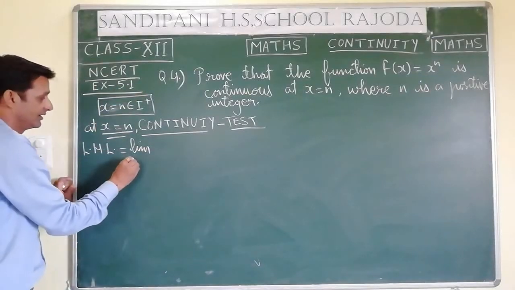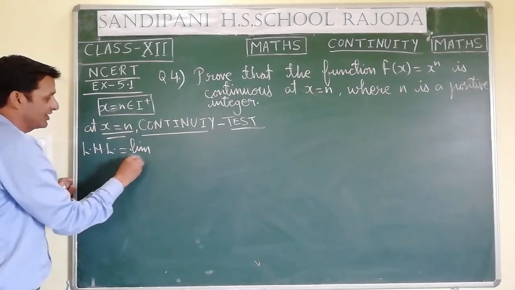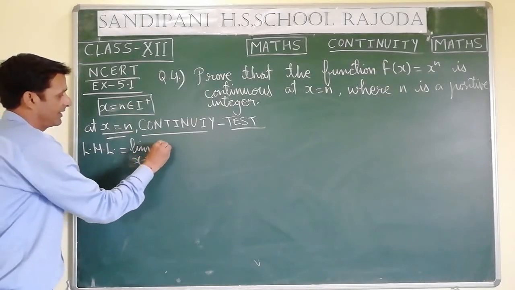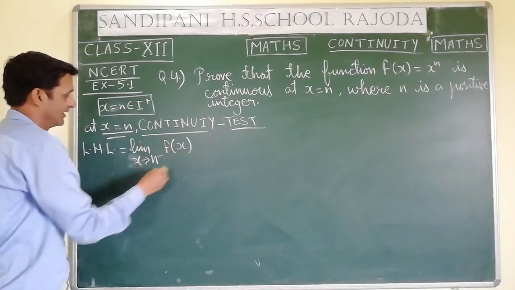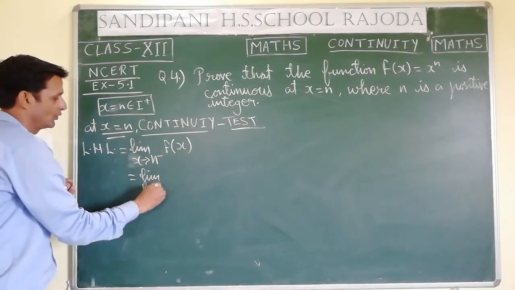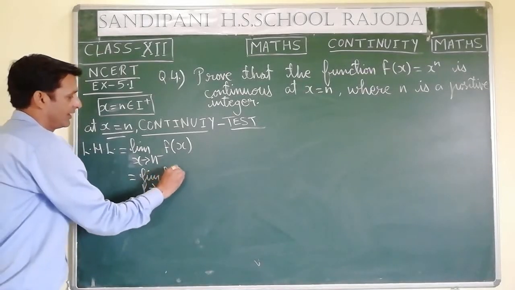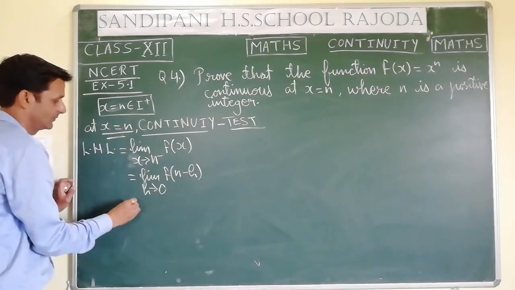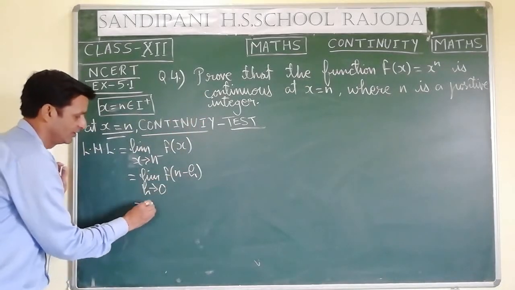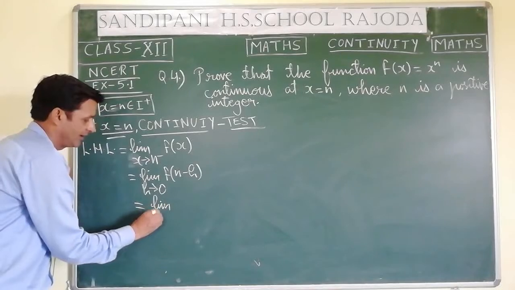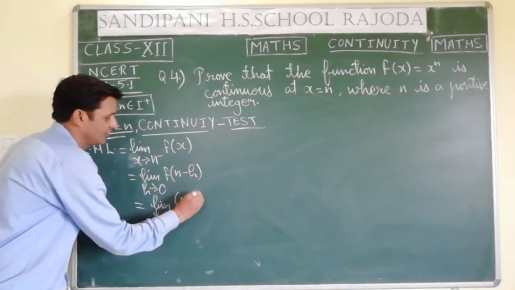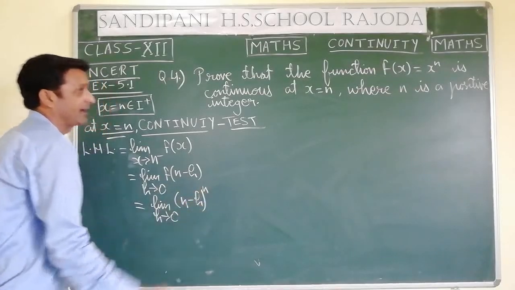So limit x tends to n minus f of x is equal to limit h tends to 0 f of n minus h. So in place of x we have to write n minus h. So limit h tends to 0 of n minus h raised to the power n.